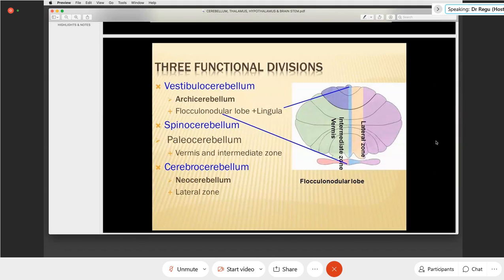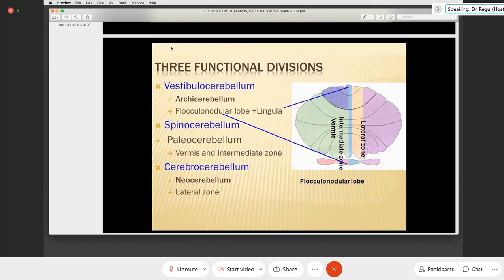Okay, so remember we spoke about the division of the cerebellum based on the lobes: anterior lobe, posterior lobe, and floccular-nodular lobe. The cerebellum has also been divided in accordance to its function. Now, I know this sounds like a lot of pronunciation, a lot of new terms, but let's just go through step by step. We know that the cerebellum has an important function in balance and coordination of movement, right?